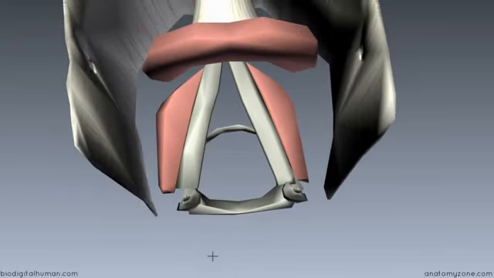It pulls the muscular process this direction, so it's going to internally rotate the arytenoid cartilages and close the rima glottidis. This brings the vocal cords together.